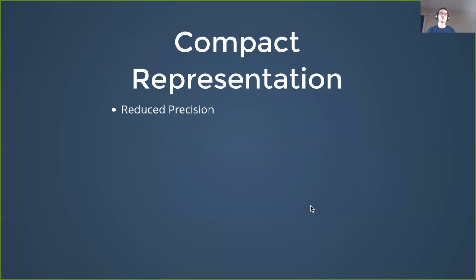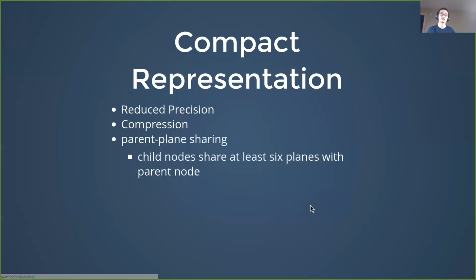There are also different ways to have a more compact representation to save memory. We can reduce the precision. There are various techniques to make this possible. Some of them use offsets from the parent node, for example, to make the floating point numbers smaller, so we don't need that much precision. We can use compression techniques.